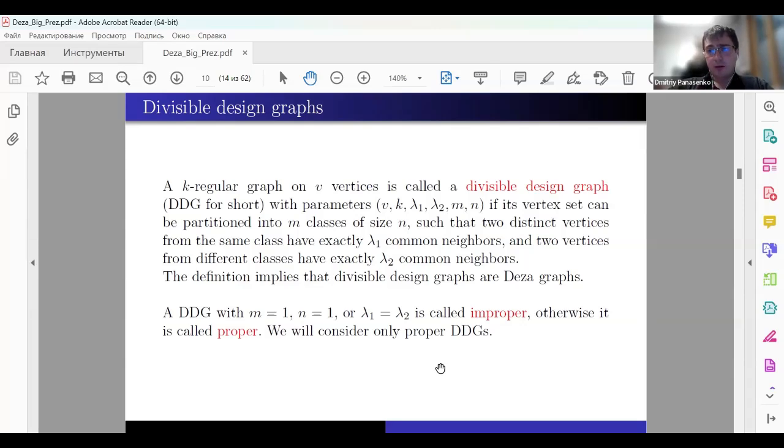One other comment: for a DDG, we can have diameter 2, of course, if both lambda 1 and lambda 2 are bigger than 0. And we can also have diameter 3 if one of the values equals 0, but we cannot have diameter bigger than 3. So we have this limit for divisible design graphs.